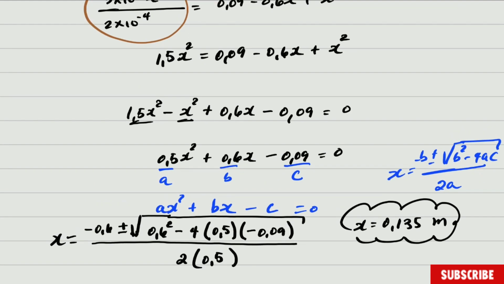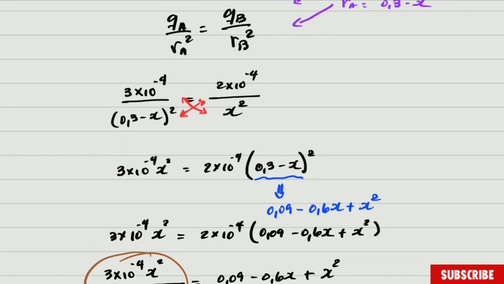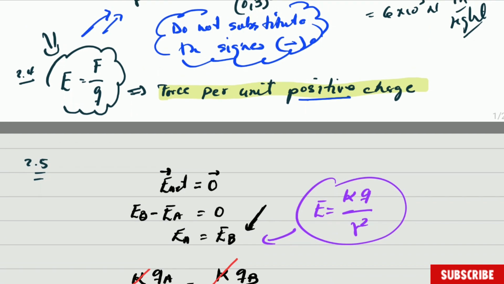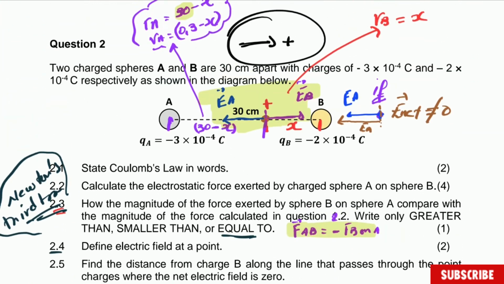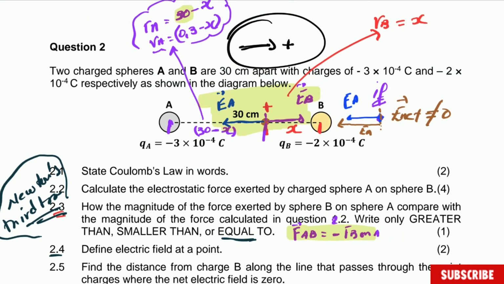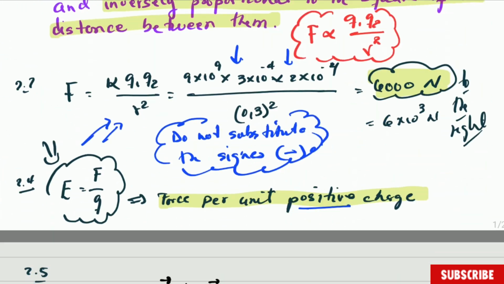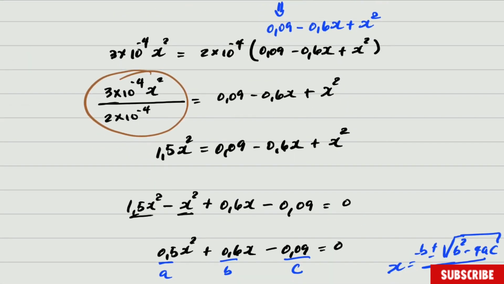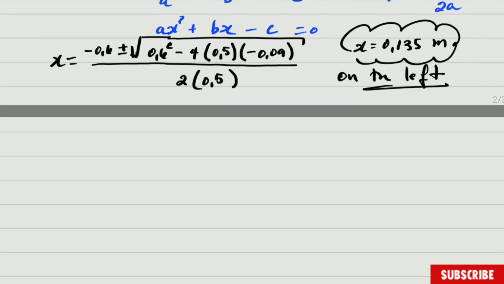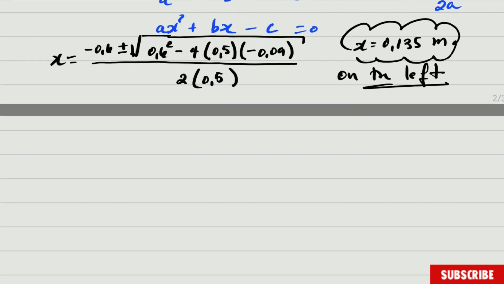It's going to be 0.135 meters on the left. In other words, it will be at that distance there, more or less where it is. So I hope this is understood. This is a difficult question. This is one of the most difficult questions that could be asked to you guys.